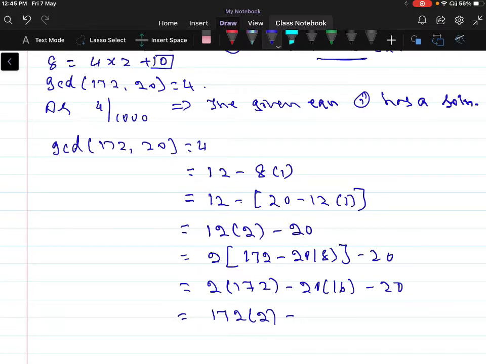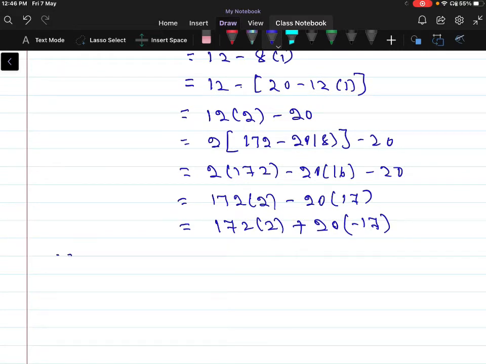So that can be written as 20 into 17. So this can be written as 172 into 2 plus 20 times minus 17.